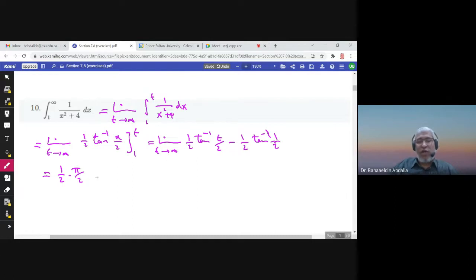If you don't know how, just go to the lecture video about section 7.8. Then we have minus half tan inverse of half. You can just find it by calculator, but remember to be in the radian mode.